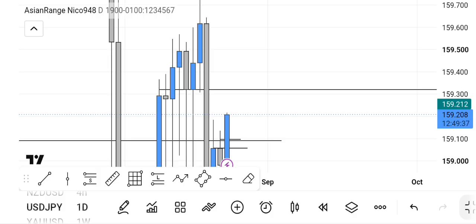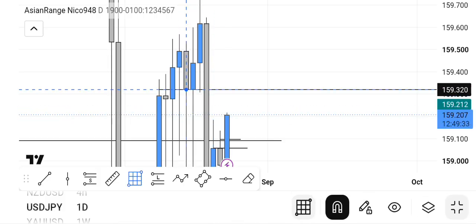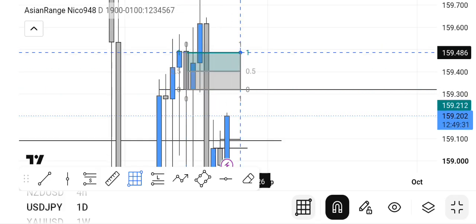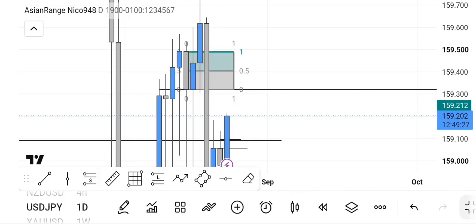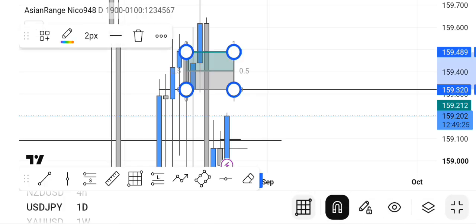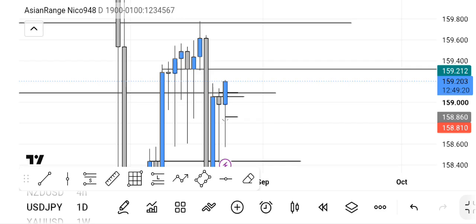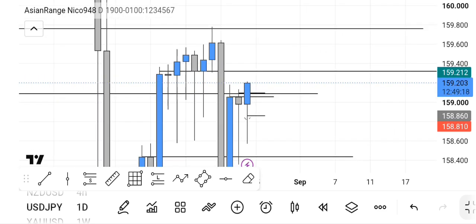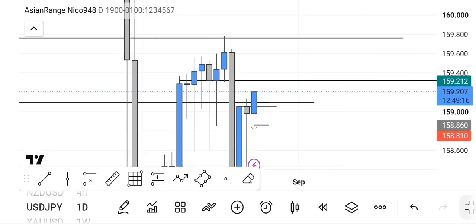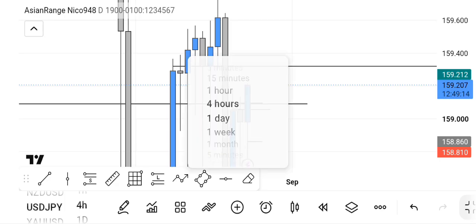Bro, the daily time frame is a rejection time frame. Weekly time frame is a rejection time frame. But since you are an intraday trader, you don't do that. Since it's a rejection time frame, just go to the H4.